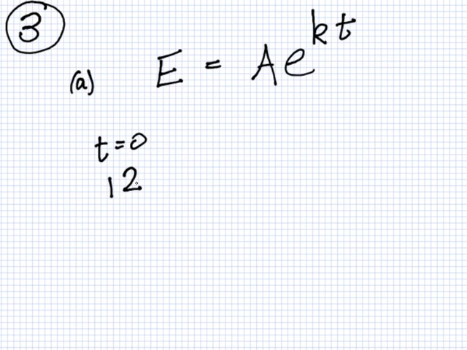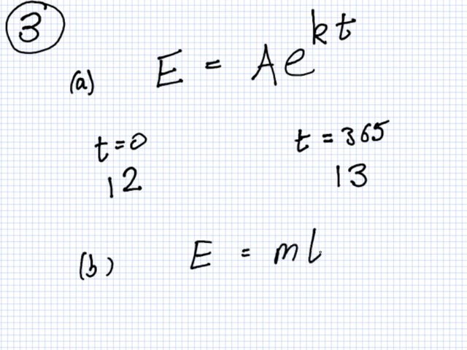It's just 12 units of energy consumed a day. And then 365 days later, at the end of the year, the energy consumption is 13. So this is a lot like the previous question. Give it a try. And in part B, if you're stuck, make it a linear formula. So the energy equals MT plus C. That's what I mean for part B.